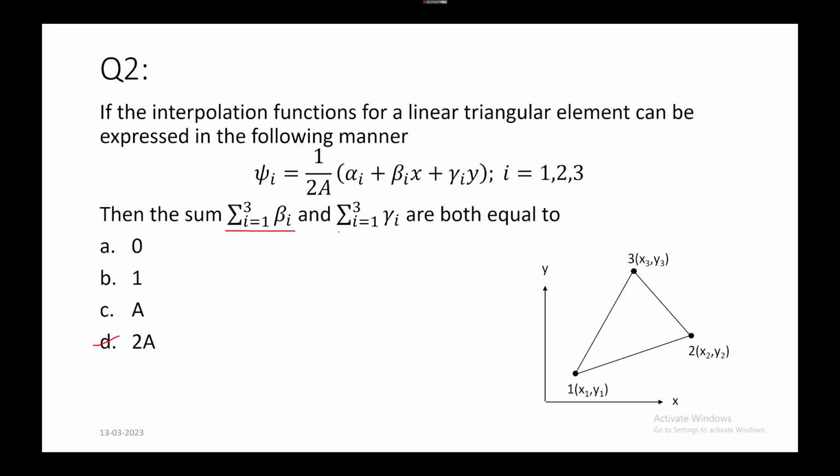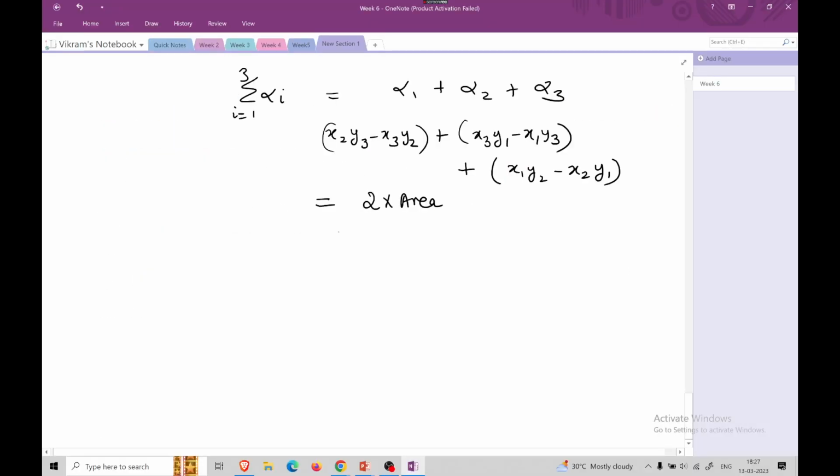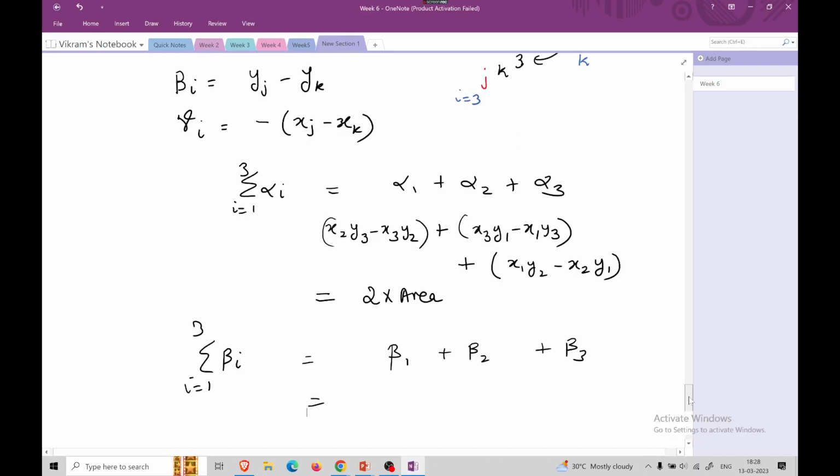Yes, correct. From that point of view, I guess it may be 2a. But this is the 2a we saw. So what was our question? The summation of beta I. This is going to be beta 1 plus beta 2 plus beta 3.